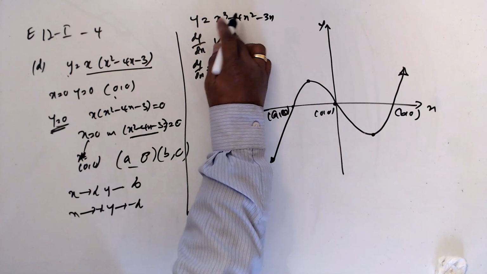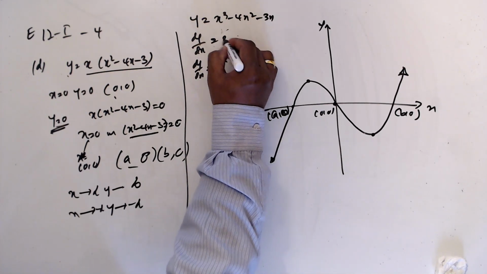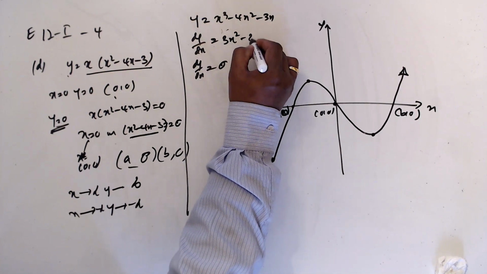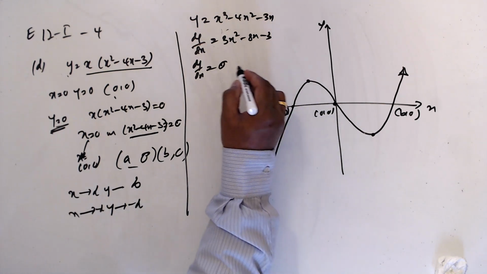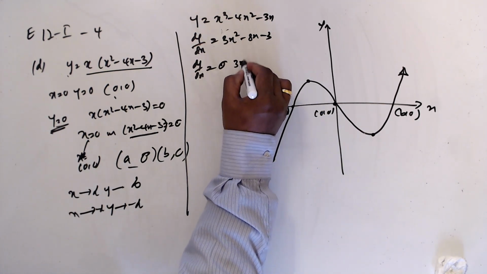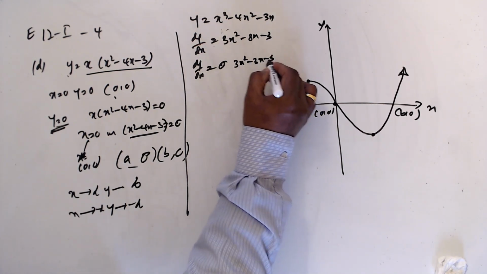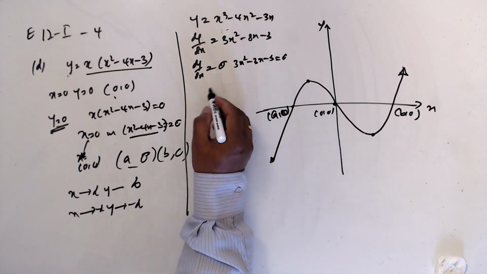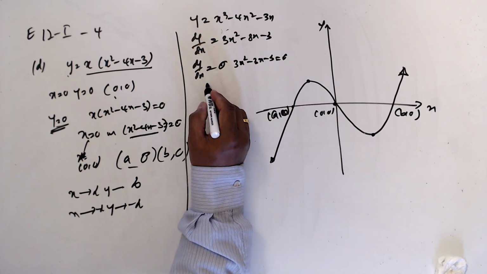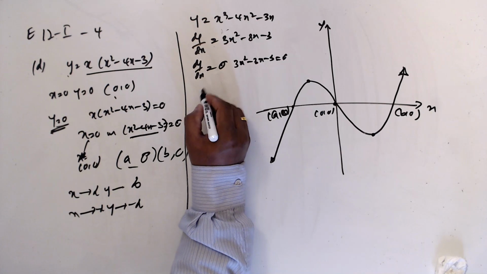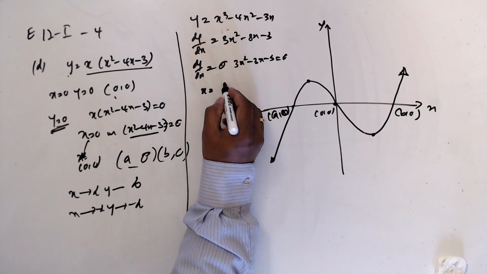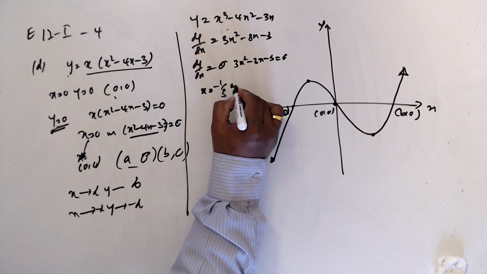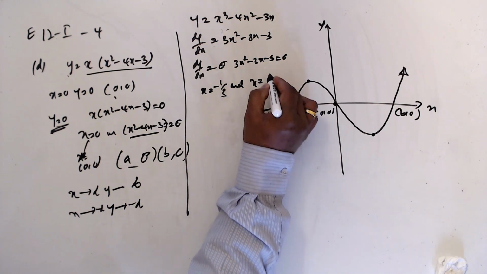So dy over dx equals 3x squared minus 8x minus 3. So when you make it equal to 0, you will get x equals minus 1 over 3 and x equals 3.